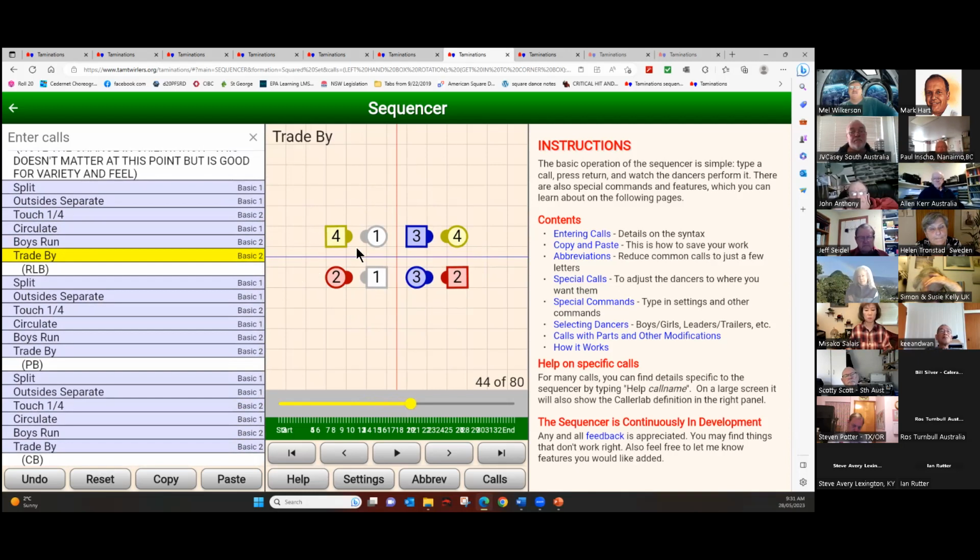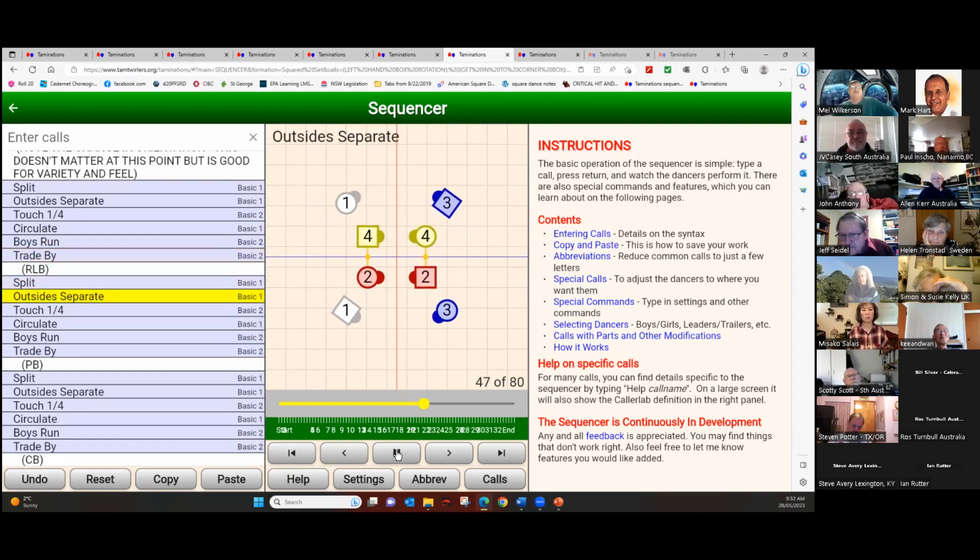Even though I'm on this side, notice I've changed orientation from up and down to across. My number 1 man still has the same occupation, but I'm just moving the lady across. And for lady callers that are tracking the lady, this is much easier. For men, it's pretty easy because guess what, guys? You're not moving.